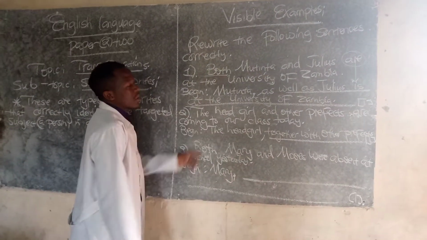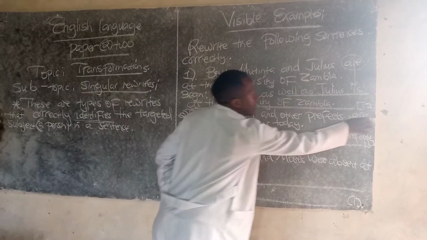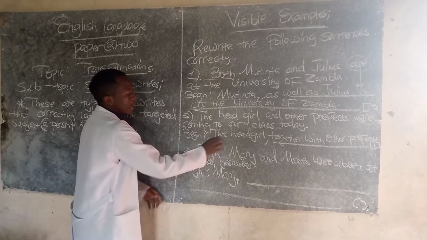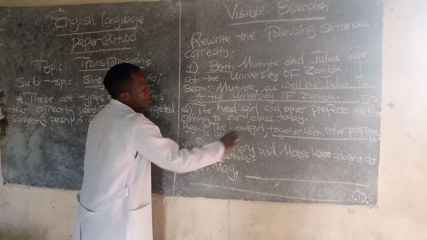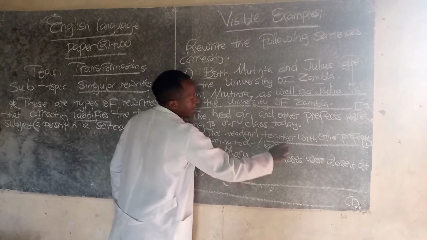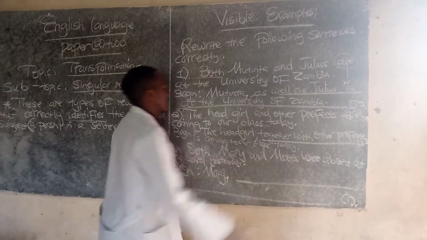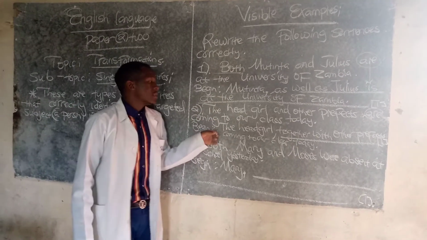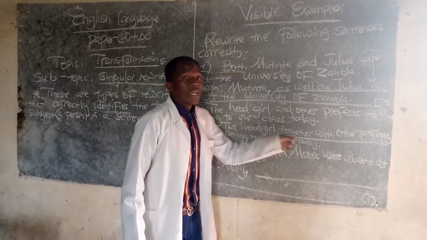What is "are" we are going to interchange with "is coming". Is coming to our class today. So this is our answer. The head girl together with other prefects is coming to our class today.